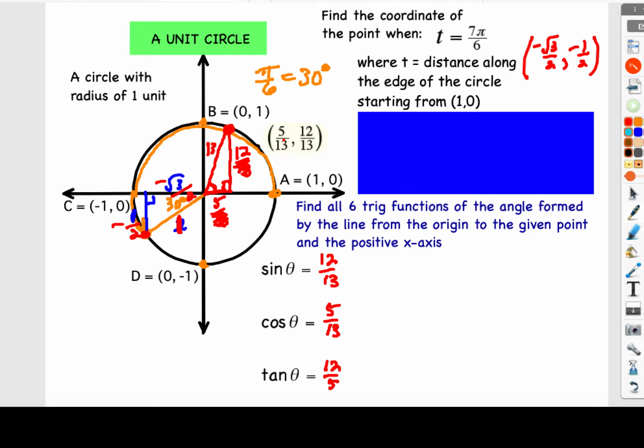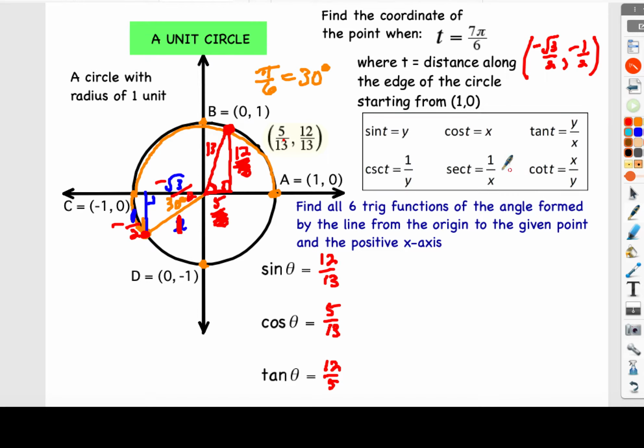Well, now you'll notice 12/13 was our y-coordinate, 5/13 was our x-coordinate, and really, tangent was just that y divided by that x. Those 13s would have canceled, and we just basically get our rise divided by our run. Tangent, 12/5 there. Couple of shortcuts for us.